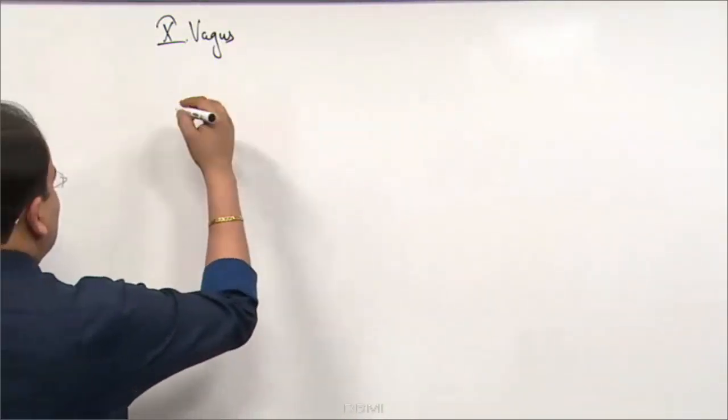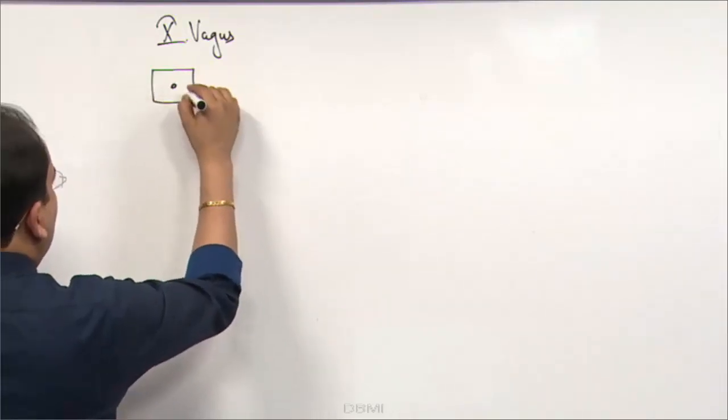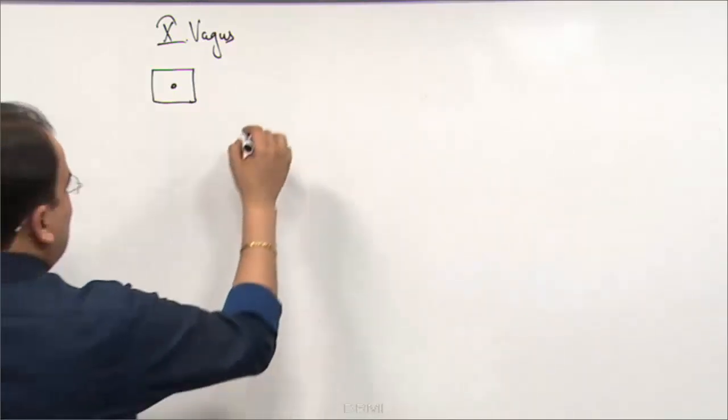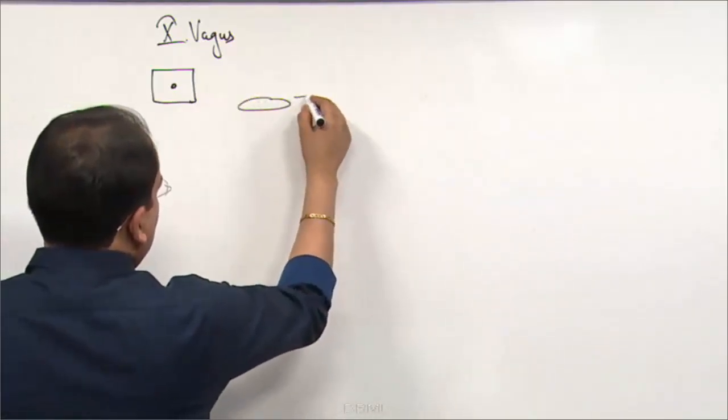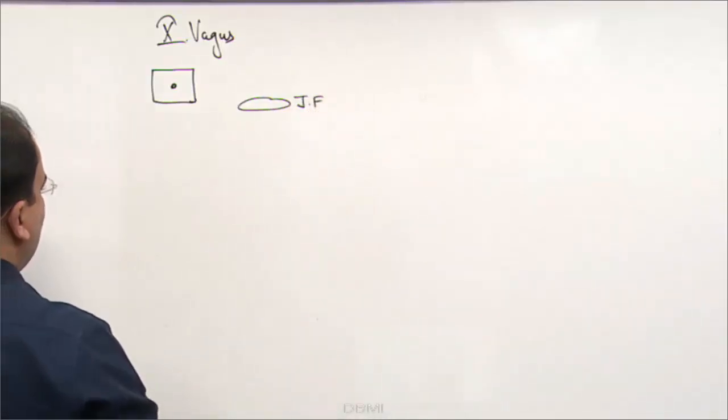Vagus nerve, as I said, there is something common about the vagus nerve and the glossopharyngeal nerve. The vagus nerve comes out of some part of the brainstem, let's not bother about it. The vagus nerve also comes out of the jugular foramen, and this is also going to supply the carotid body and sinus.